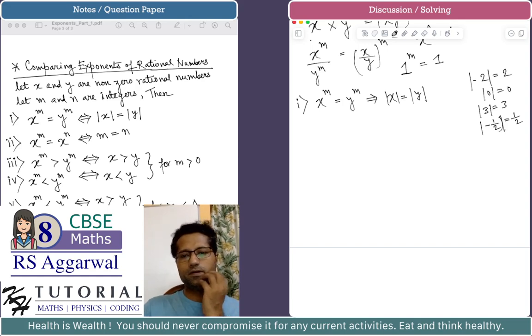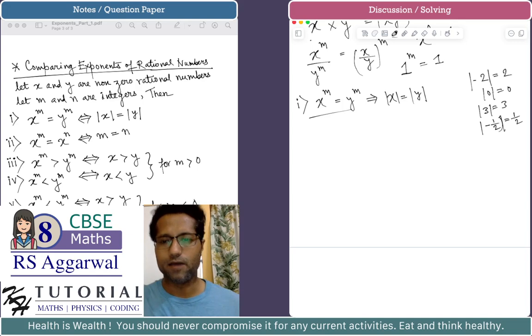So if you have this equation, x raised to the power m equals y raised to the power m, that is the power or exponent or index is same, then you can say that the absolute value of both the bases will be same. Now why do we need to have the modulo?